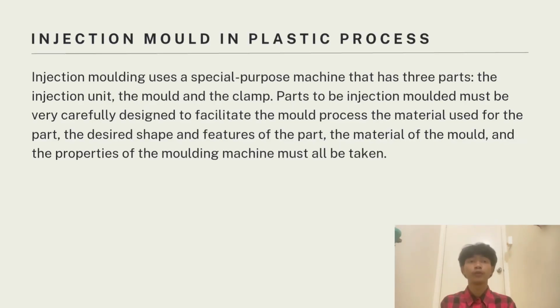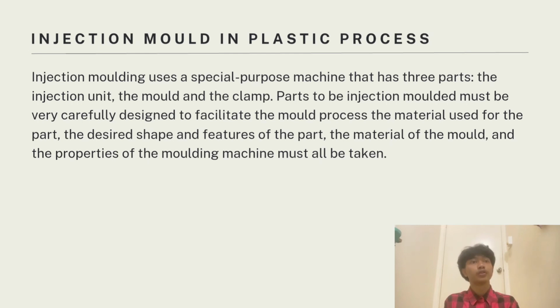So now we move to injection mold in plastic process. Injection molding uses a special purpose machine that has three parts: the injection unit, the mold, and the clamp. Parts to be injection molded must be very carefully designed to facilitate the mold process.